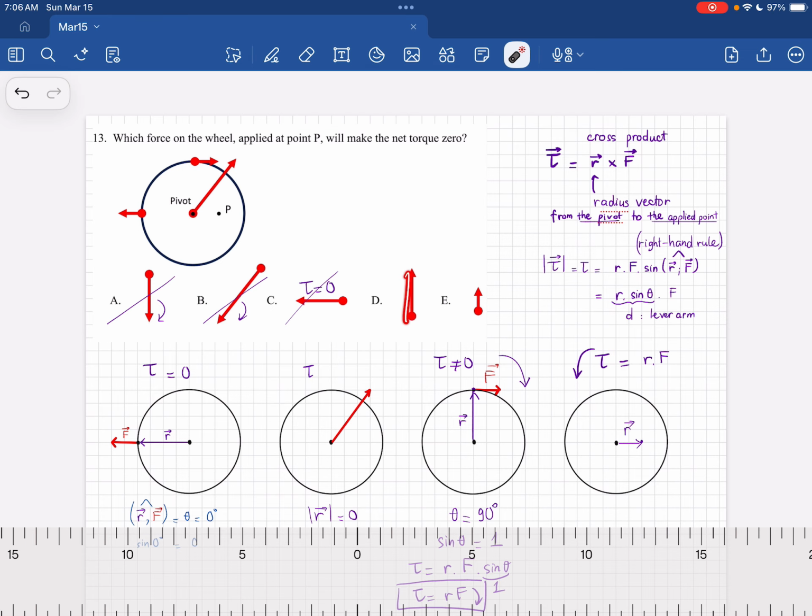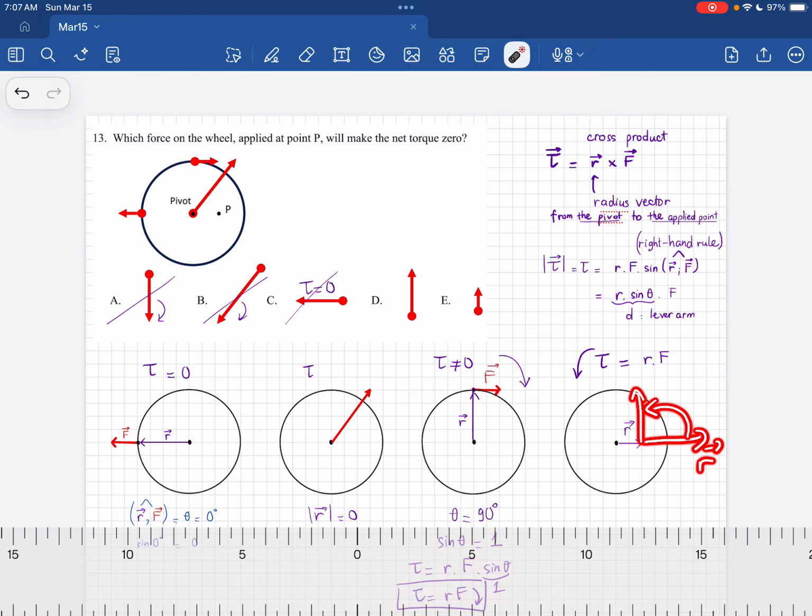So D and E are in the same direction, right? So let's have this one, the F vector in this direction, upward. Now we can see vector R in this direction, rotating from this to this to have the smaller angle. That should be 90. So now you see this one is counterclockwise, right?